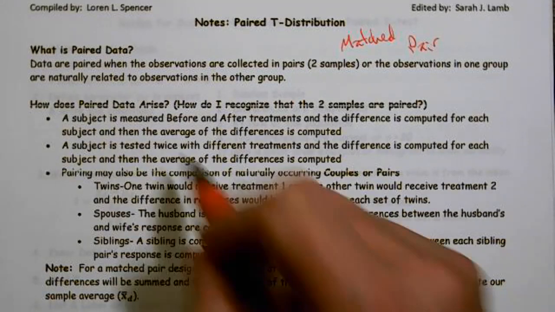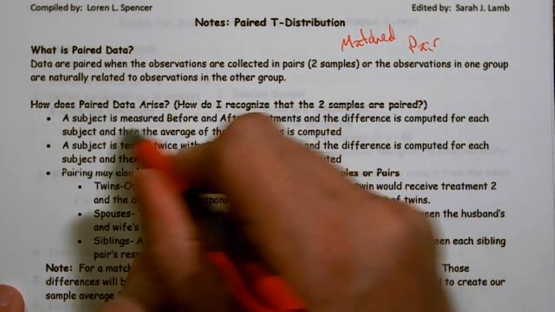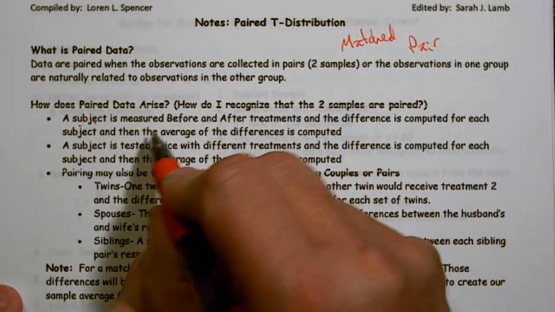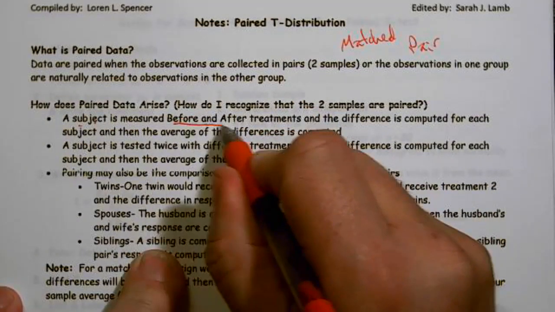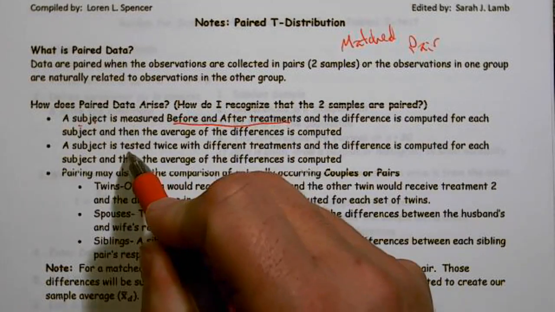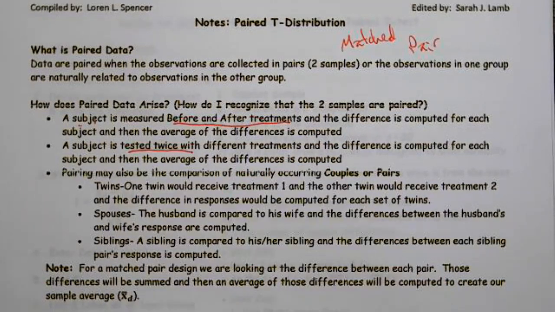One of the easiest things is to ask whether an individual, in other words a subject, is measured before and after treatment. If the same person got measured two different times, typically in a before and after situation, then it's going to be a paired design.